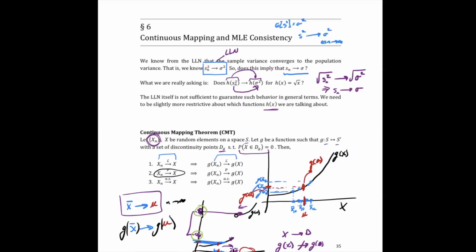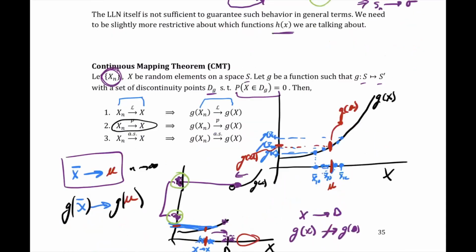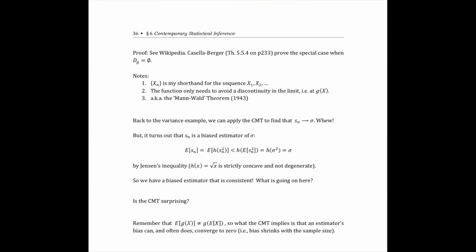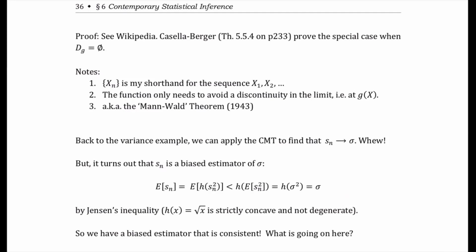Unlike expectations, you can do this with limits. And so the square root function here works very nicely. All right, so then let's take a look at how we might use this. We're not going to prove this. We don't care. Some notes here: this is my shorthand for the sequence. The function only needs to avoid a discontinuity in the limit, right?